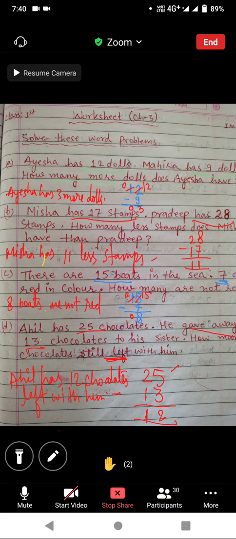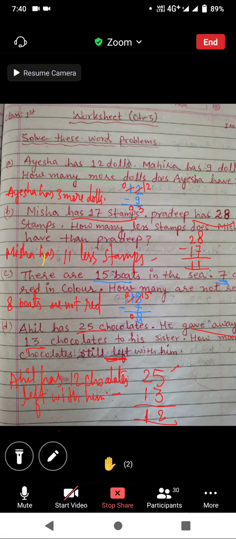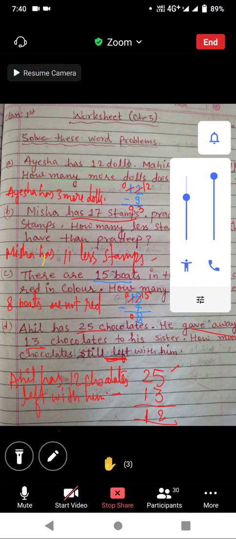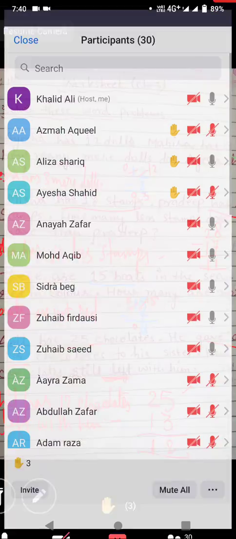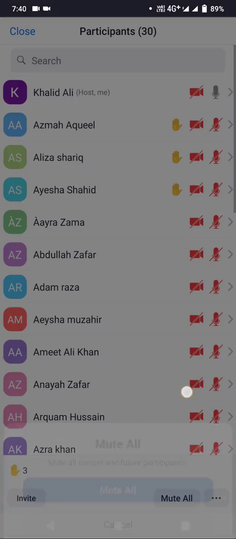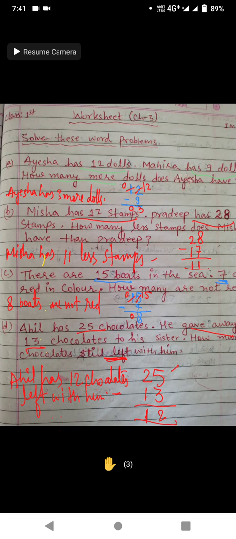I hope you all have understood. Yes, students. Yes, sir. So everyone now open your book, math number line book, and open page number 66.